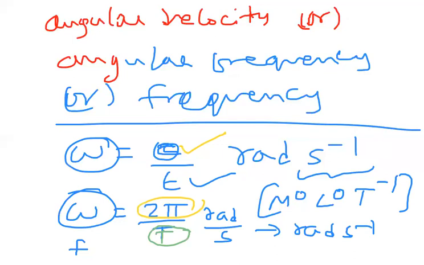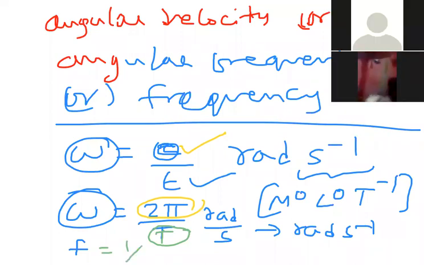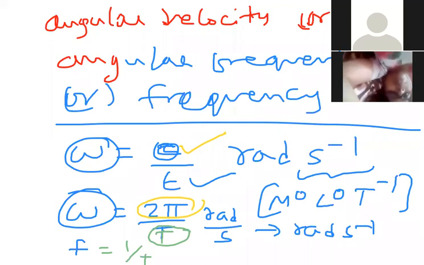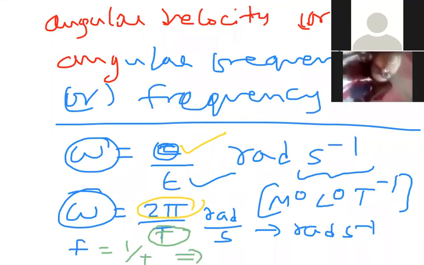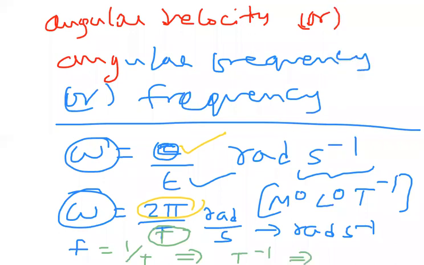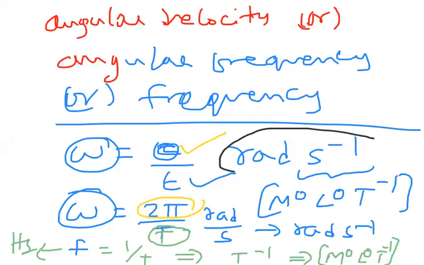Now suppose I take frequency. Frequency is the reciprocal of time period, so I can write time period inverse. So the dimensional formula is M0 L0 T power minus 1. Here the units for frequency and angular frequency are not the same. The SI unit for frequency is hertz, while angular velocity and angular frequency are radian second inverse.